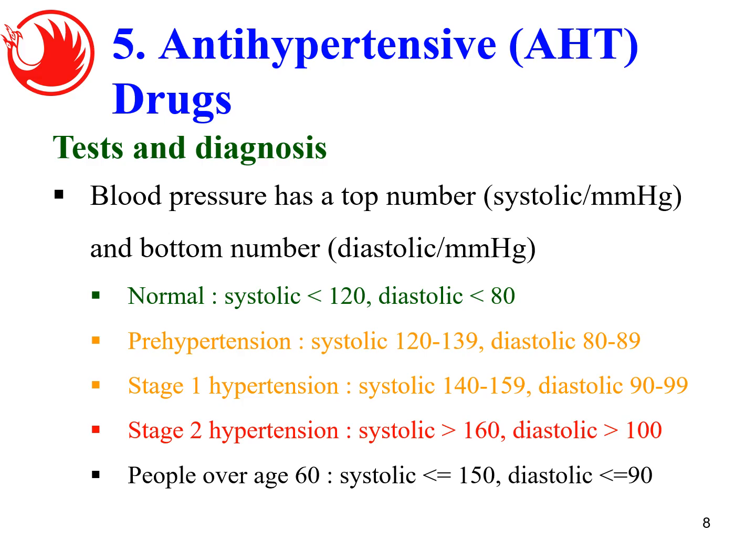pressure. So what is the normal range if you want to be diagnosed as having a healthy blood pressure? Your systolic must be below 120 and your diastolic must be below 80. If your systolic is 120 to 139 and your diastolic 80 to 89, then you are in the pre-hypertension range.